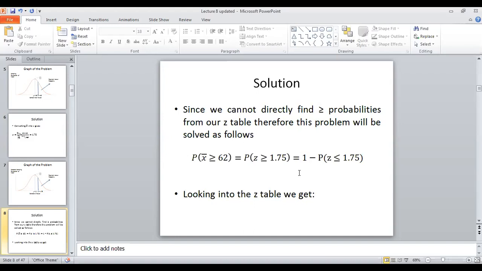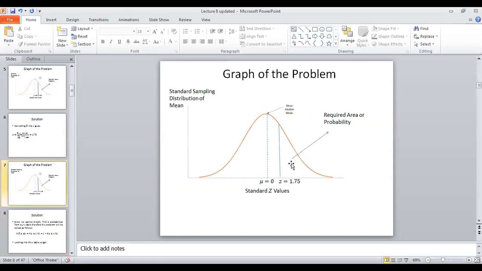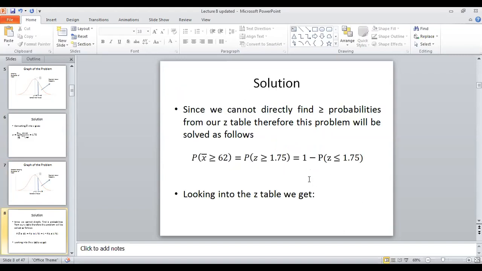So the technique is that we find the area which is less than 1.75, and subtract it from the area of the whole normal distribution, which is equal to 1. So that's how the technique goes.